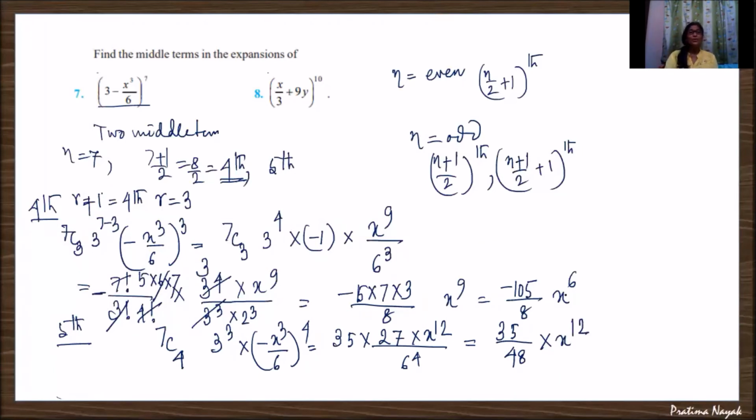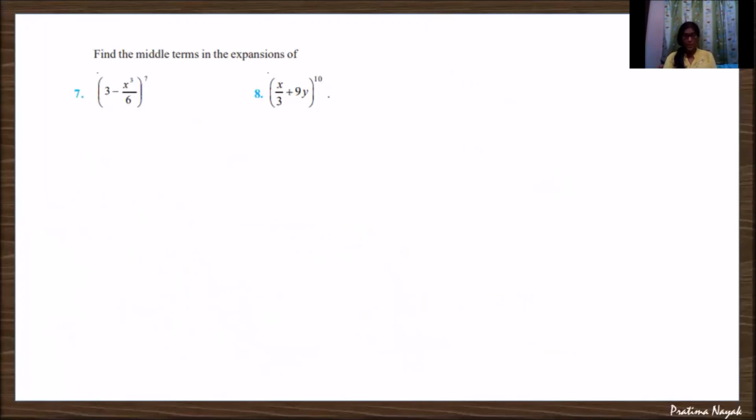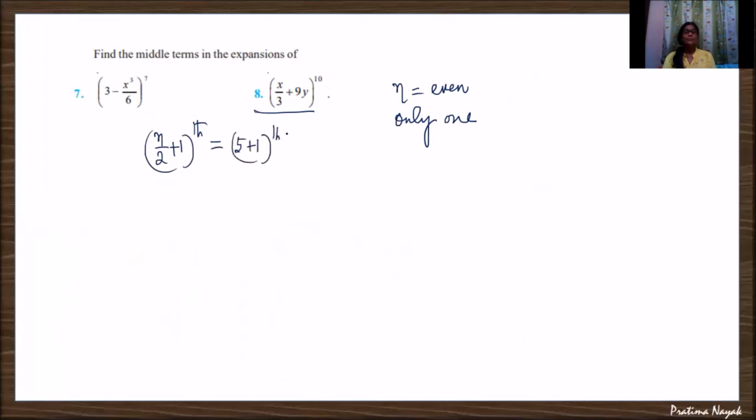Now I am going to question number 8. Question number 8, n is even, so there is only one middle term. So what is the formula? That will be the n by 2 plus 1th term. So it will be 10 by 2, 5, plus 1. That will be the 6th term.